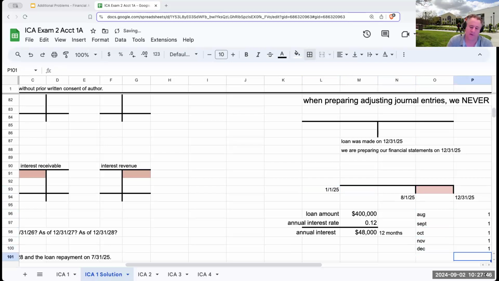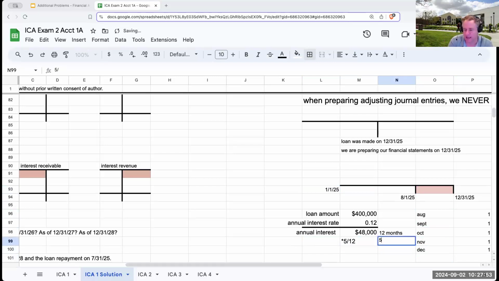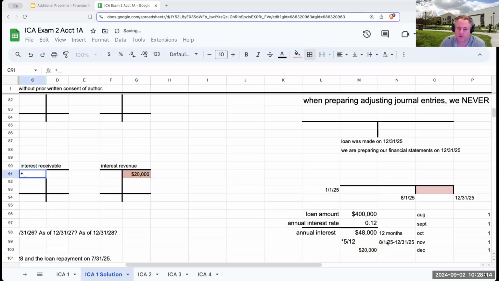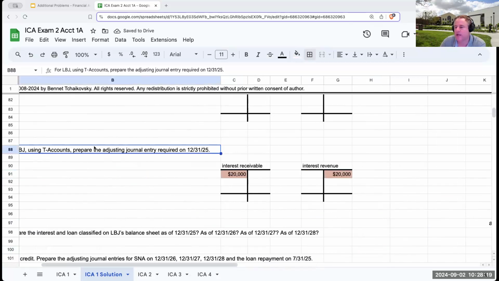So 5 months. So when I multiply this by 5/12, to reflect 8/1/25 through 12/31/25, 48,000 times 5 divided by 12 is going to be 20,000. So the amount of interest revenue I'm going to recognize, or my adjusting entry, is going to be $20,000.